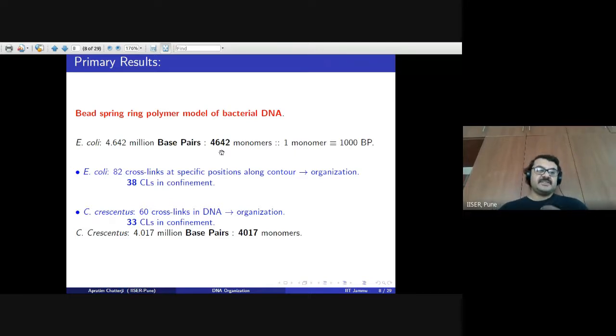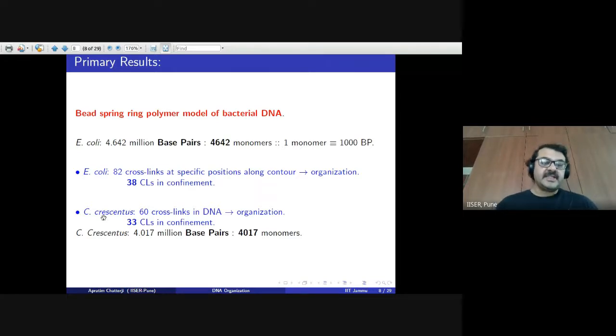And if you put this DNA polymer chain in a cylindrical confinement, because in nature this DNA polymer is confined by an approximately cylinder-shaped E. coli cell wall, then you need only 38 crosslinks to get some organization of the DNA polymer, which we again match with experiments.